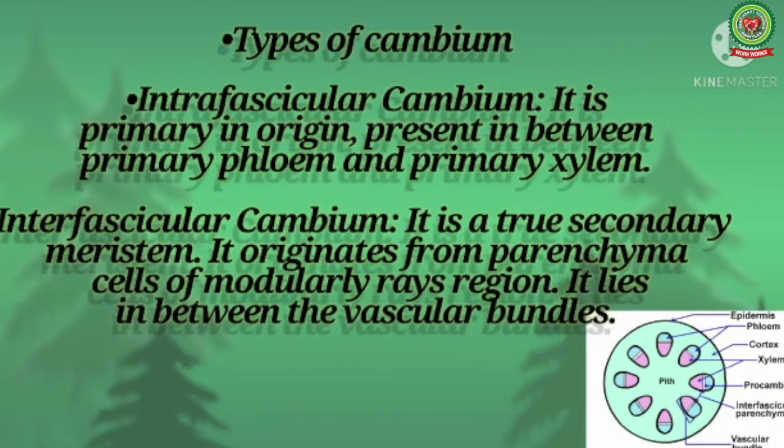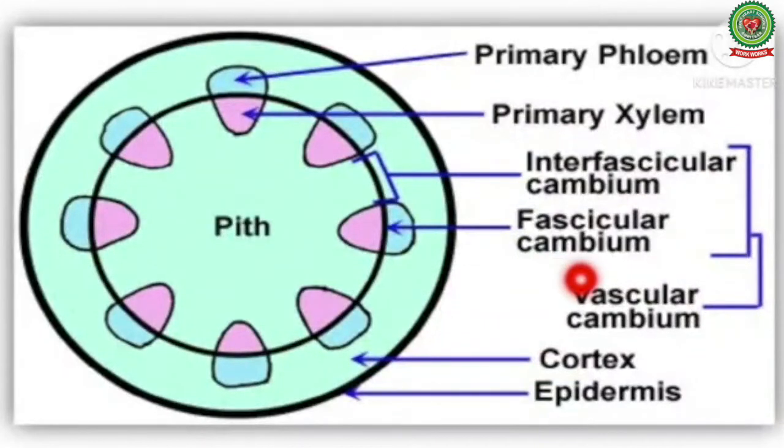In general, we can say that intrafascicular cambium is the cambium which is present inside the vascular bundle, whereas interfascicular cambium is the cambium which is present in between two different vascular bundles. In this picture, you can clearly differentiate between interfascicular cambium and fascicular or intrafascicular cambium.